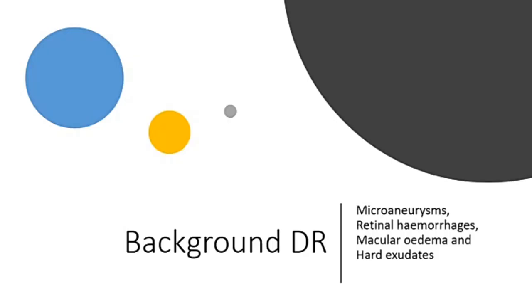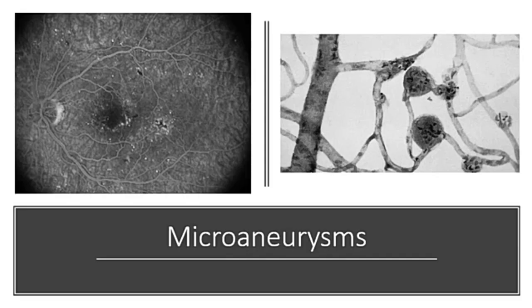So let's start with background diabetic retinopathy. The signs of background DR are microaneurysms, retinal hemorrhages, macular edema, and hard exudates. In the next few slides, I'm going to show you images and explain all of these signs.